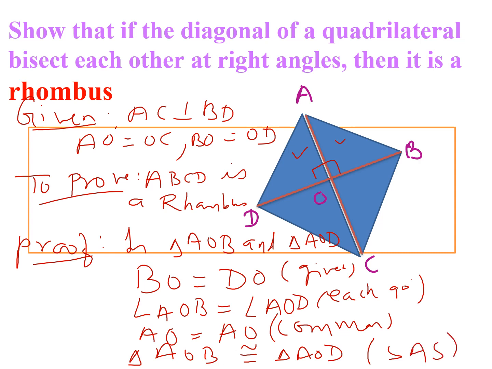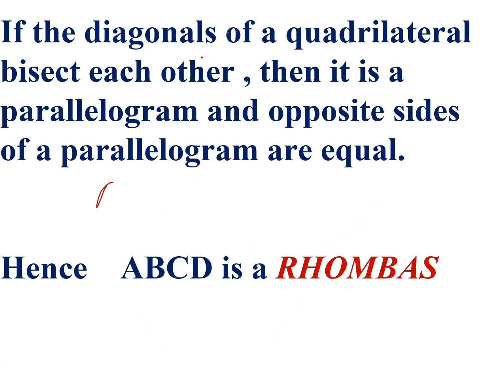Since these two triangles are congruent, we can write AD is equal to AB by CPCT, corresponding parts of congruent triangles. And we know that if the diagonals of a quadrilateral bisect each other, then it will be a parallelogram.